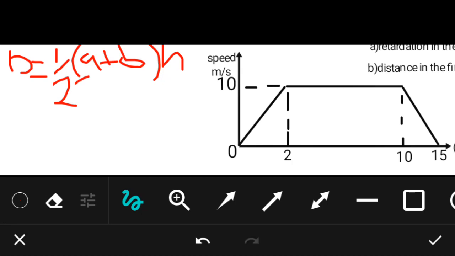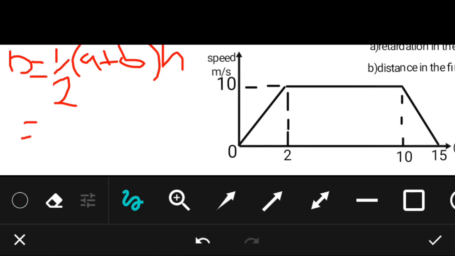The area under the graph, you need to subtract 10 minus 2 to get the area under the graph. So when you subtract 10 minus 2, you are supposed to get 8.